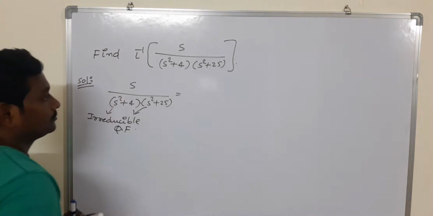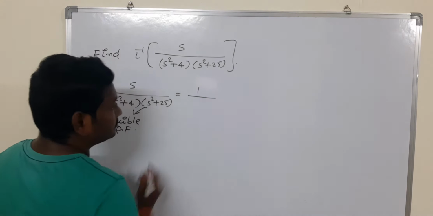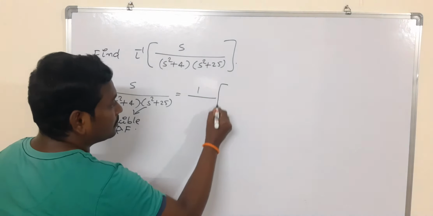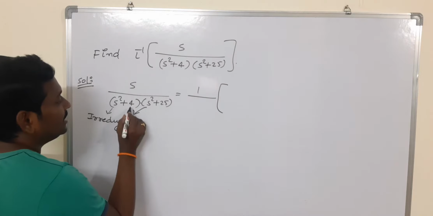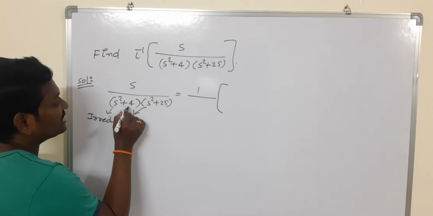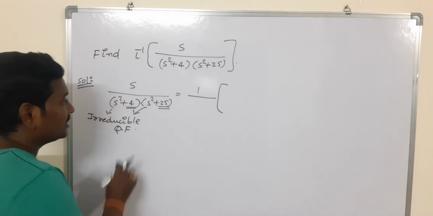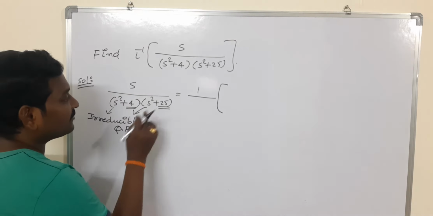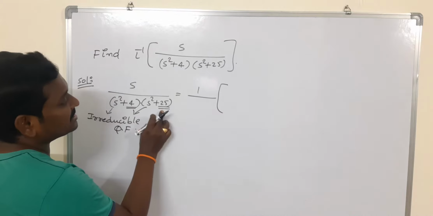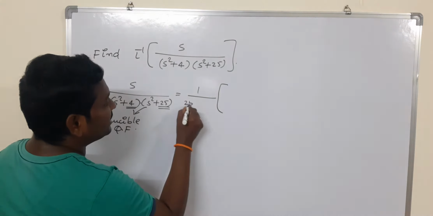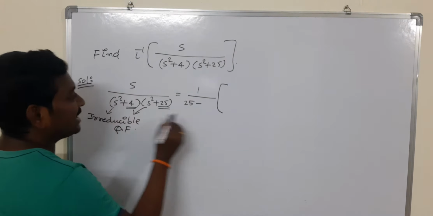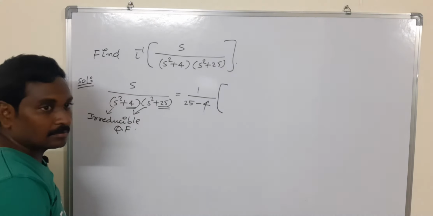Okay, write 1 by, in the outside. Here we are observing that in the first factor the constant is 4, in the second factor the constant is 25. Of these 4 and 25, 25 is the greatest number. That's why 25 minus the least value, 4.